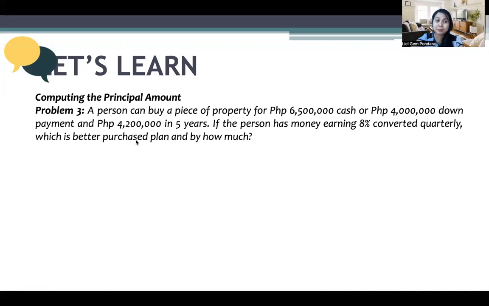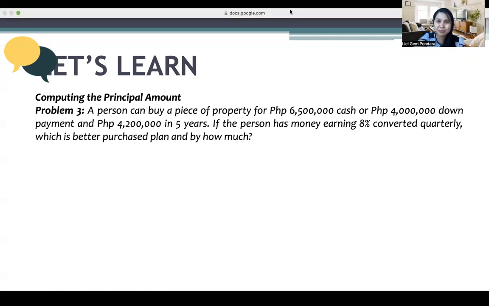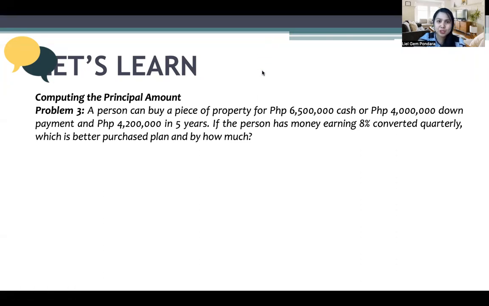Now, which is the better purchase, Plan A or Plan B? Now, let me start solving this one. Let us solve for this 4.2 million. How much money was invested for it to earn 4.2 million in 5 years?